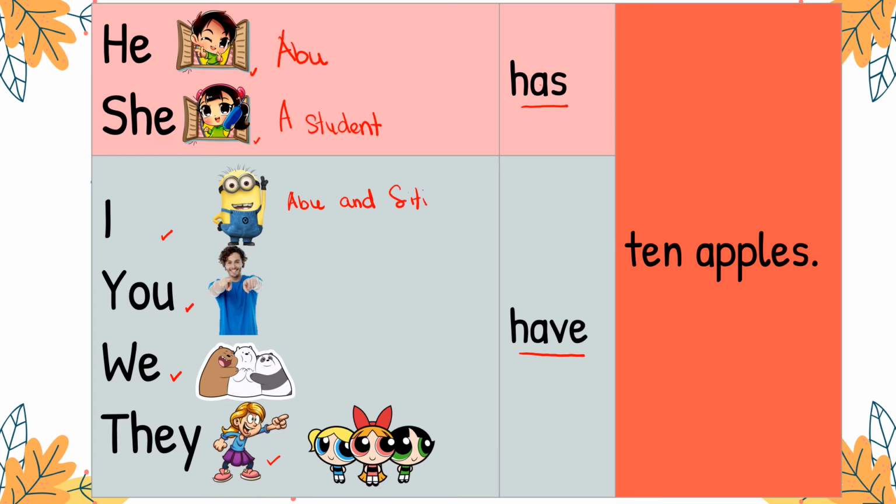Ini maksudnya dua orang. Bila dua orang, kita guna have. Dan juga bila guna the students. Okey, the students. Bila letak S dekat belakang dia, maksudnya ramai. Bila ramai, kita guna have.